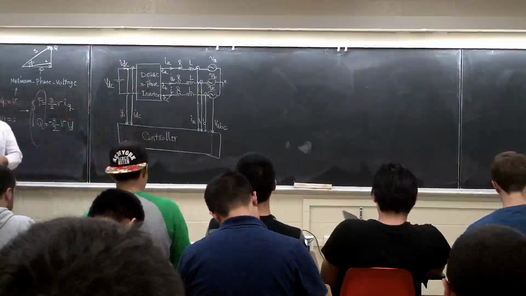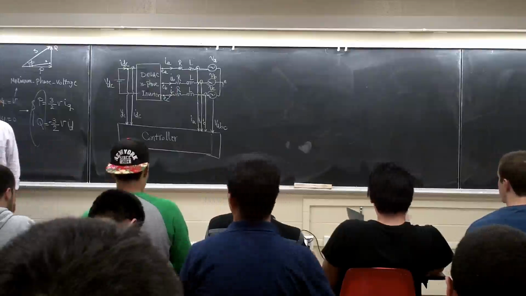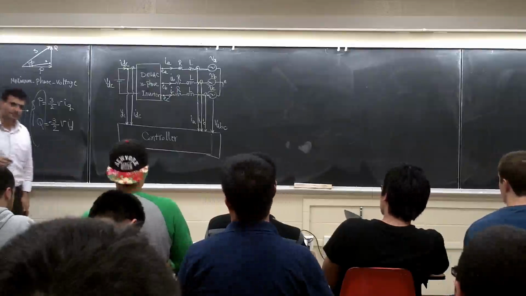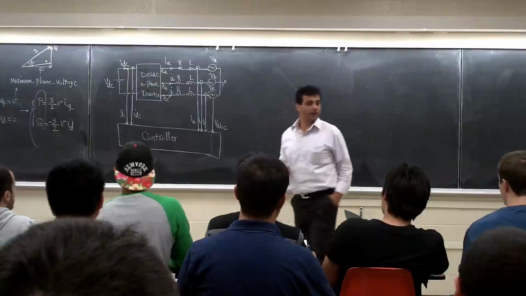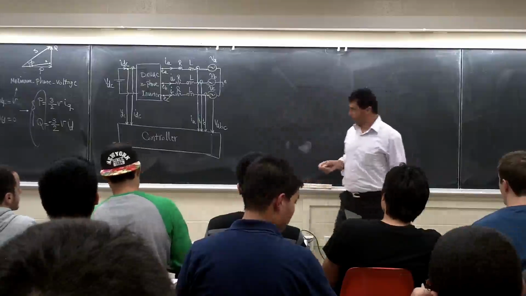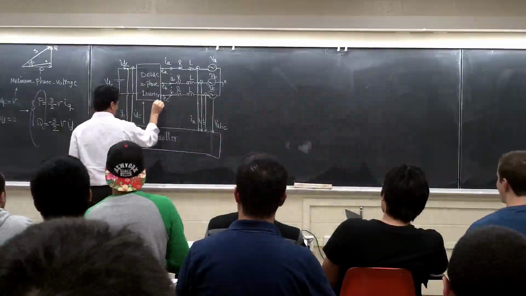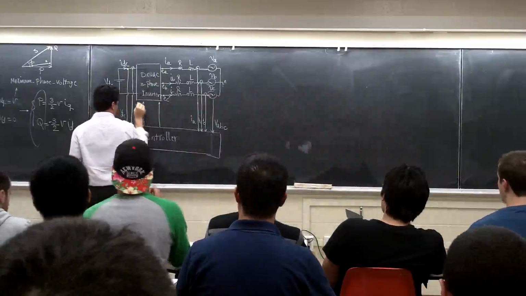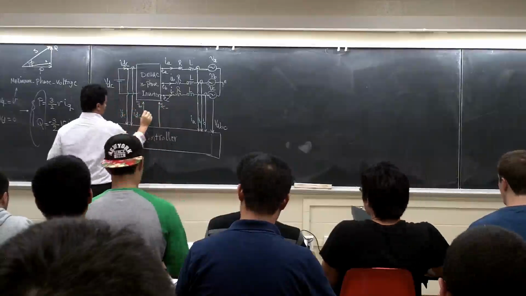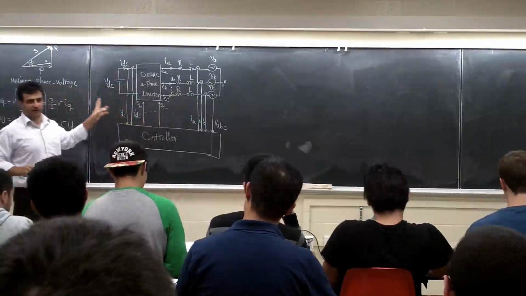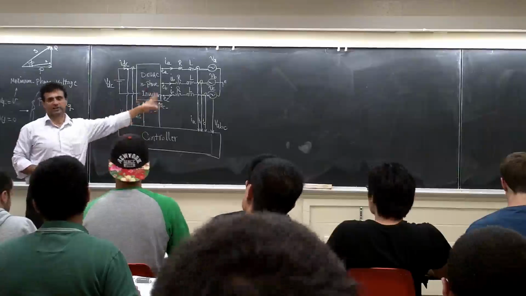Now, at the end of the day, what is this controller going to do? Open switches at the right time? No. This controller is going to send 6 signals: SA plus, SA minus, SB plus, SB minus, SC plus, SC minus.